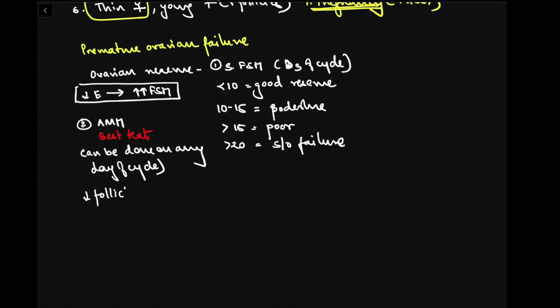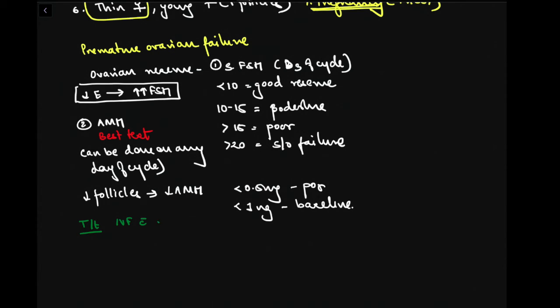So, a decrease in follicle would cause decrease in serum AMH, and a value less than 0.5 indicates a poor reserve, while less than 1 would indicate baseline value. How to treat? We have to do IVF with donor eggs.